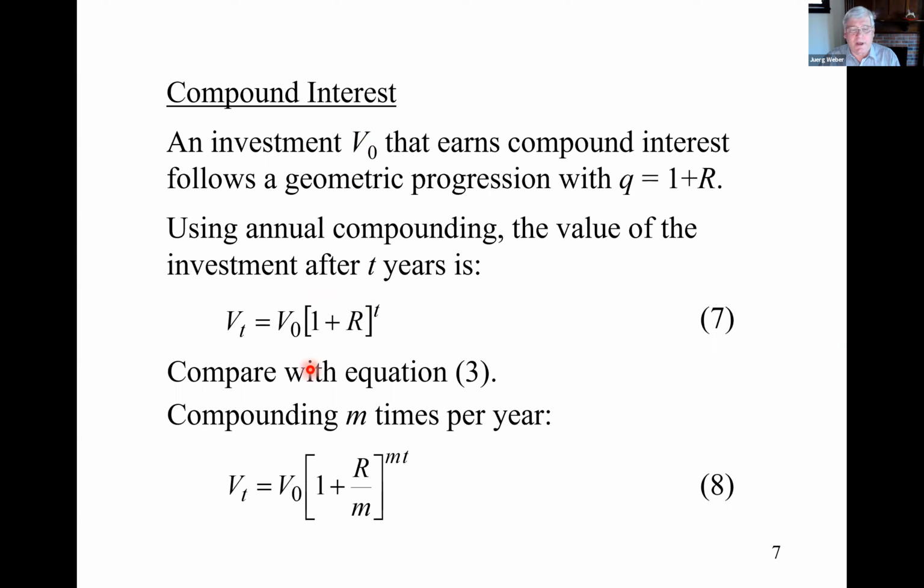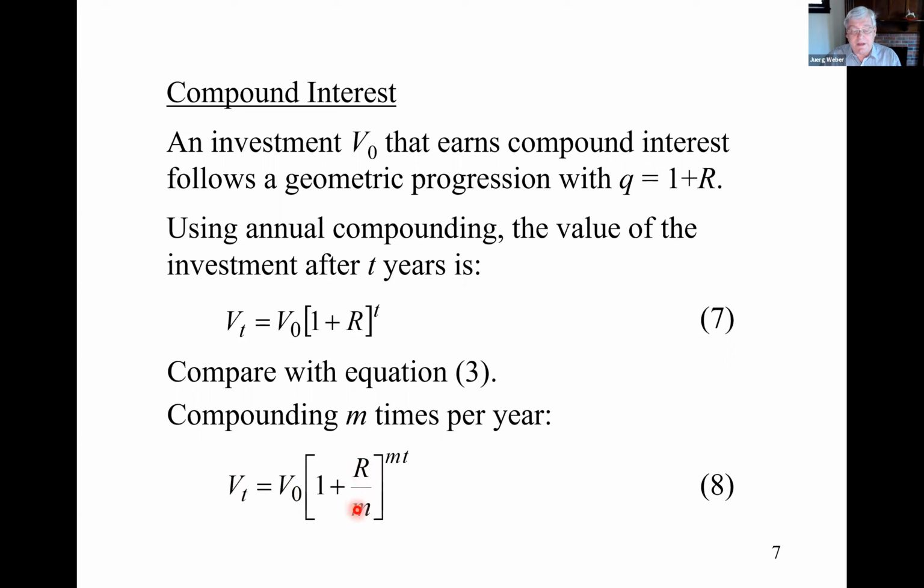Okay, this formula here, we can expand a little bit. We can make it more general. Let's compound not annually. Let's compound more than once per year. So we could compound semi-annually. Then you divide the interest rate by 2, but then naturally you get the interest twice as many times. Or you could get the interest each month.